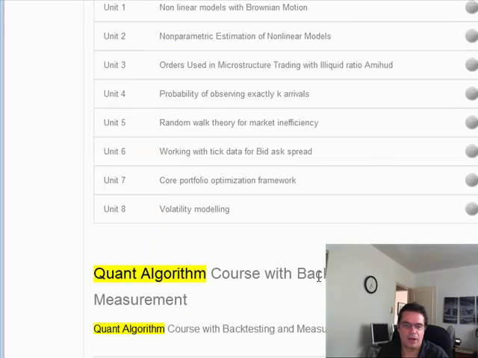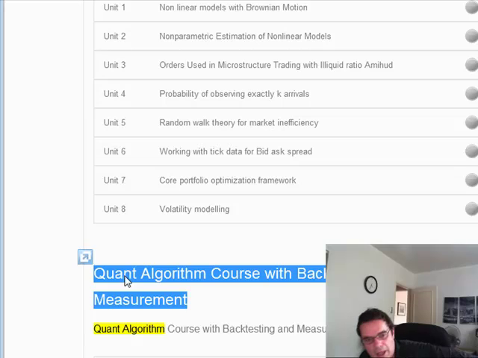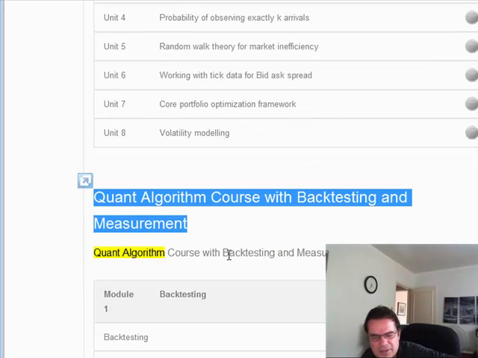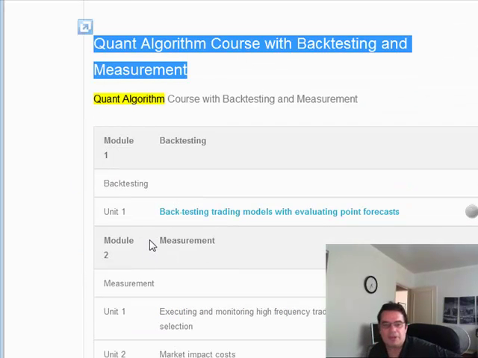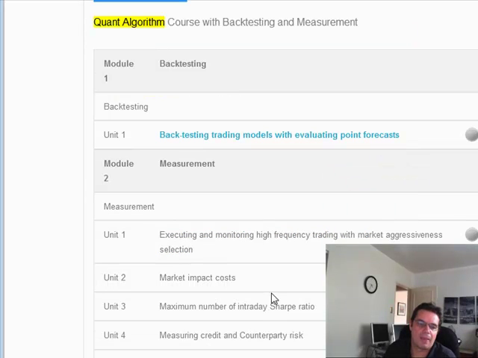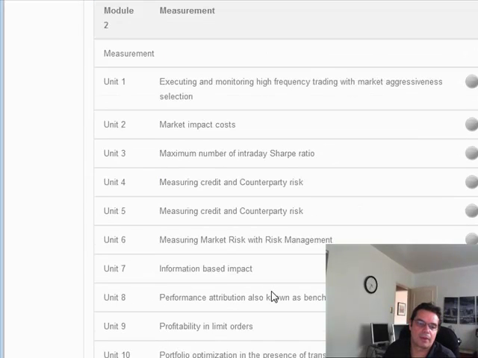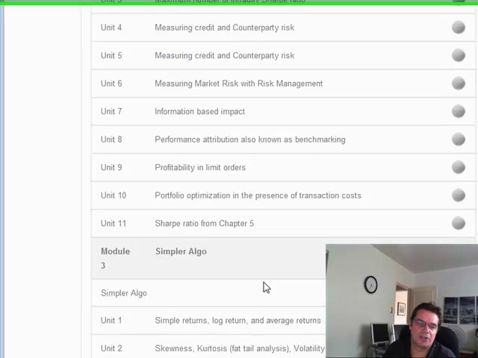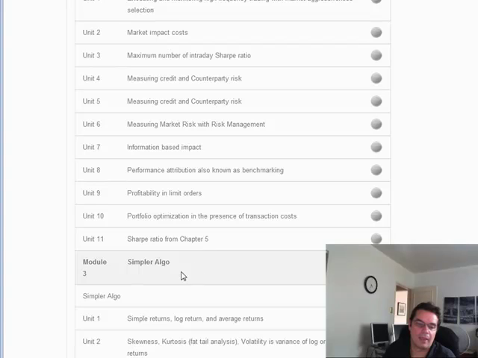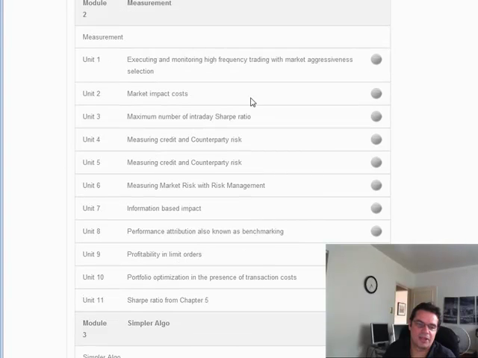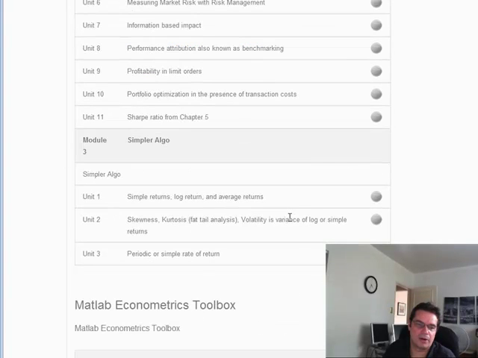Alright, so on the next course we got a quant algorithm course with backtesting and measurement. I'll explain measurement in a minute. So you want to do some backtesting with this, evaluating point forecasts. Now, let me just do the third module in this one course before I get into the measurement, because this is kind of important and you won't see it elsewhere.